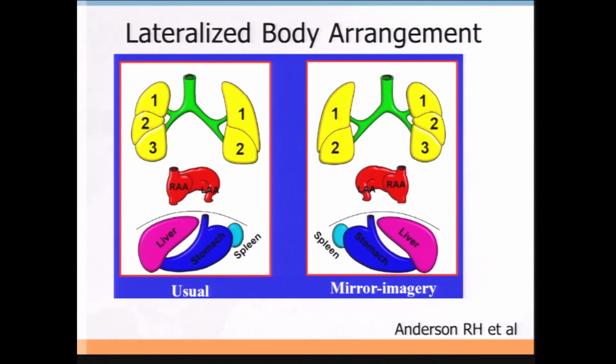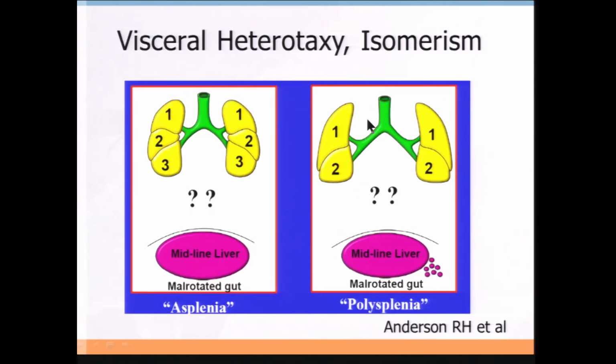We usually have asymmetric organ arrangement, asymmetric right and left, right side liver and left side spleen, sometimes mirror image. But some patients had bilaterally right organ arrangement, usually associated with asplenia, so we call this type right isomerism.